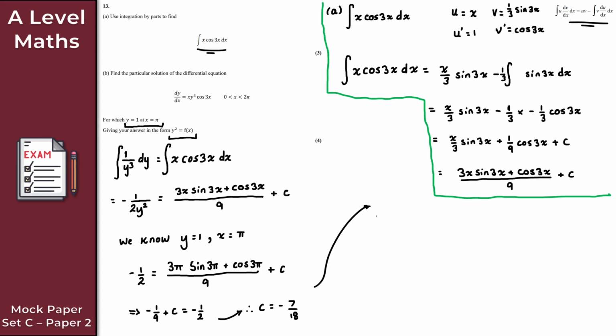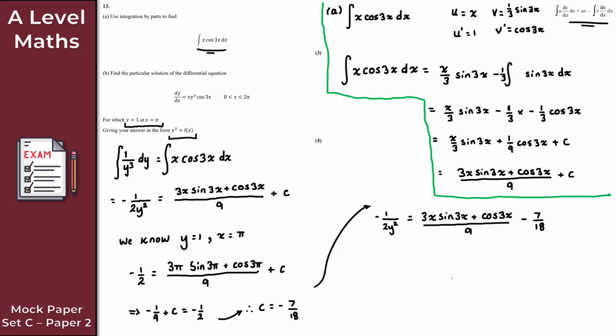So I've got minus 1 over 2y squared is equal to this here plus c. I get 3x sine 3x plus cos 3x all over 9. And then plus c here. So c is minus 7 over 18.